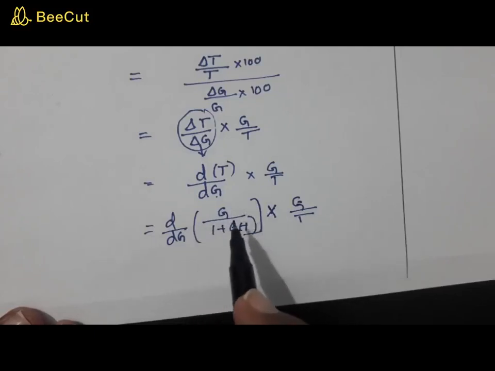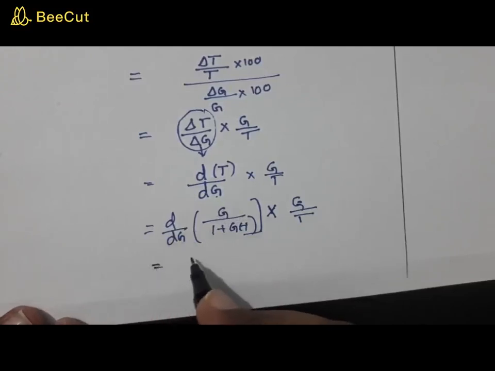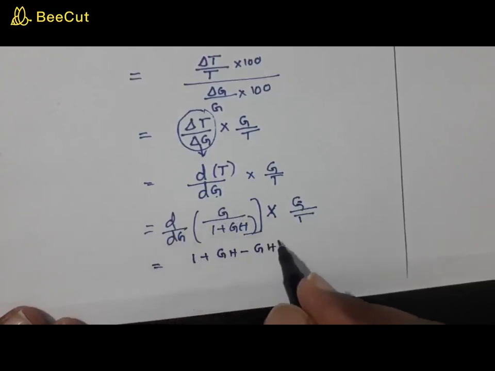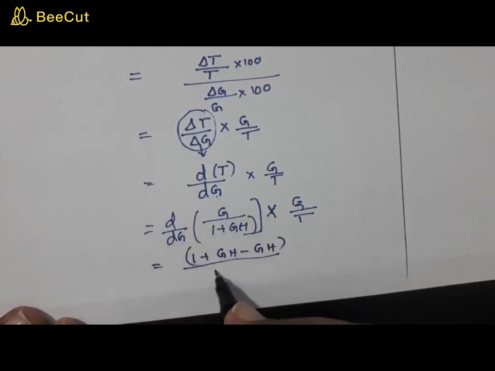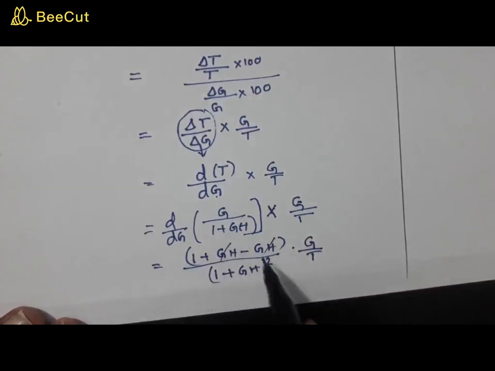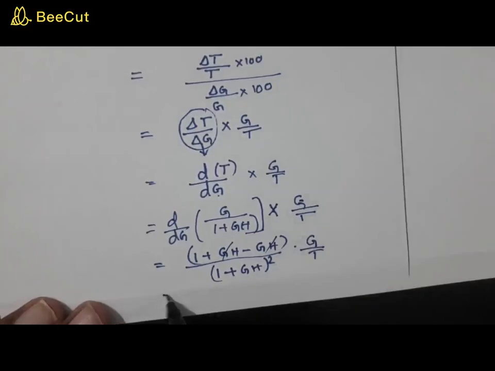Hope you know that. Using that U by V form, you can differentiate this, so that this becomes 1 plus GH minus GH, by 1 plus GH the whole square, into G by T. So this and this get cancelled, and the equation becomes 1 by (1 plus GH) the whole square, into G divided by T.